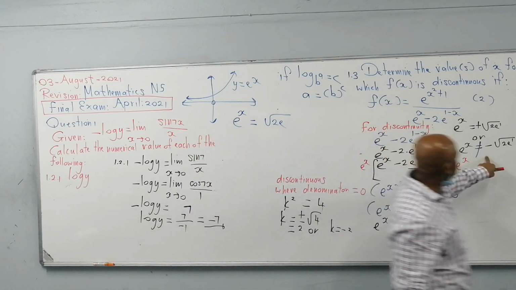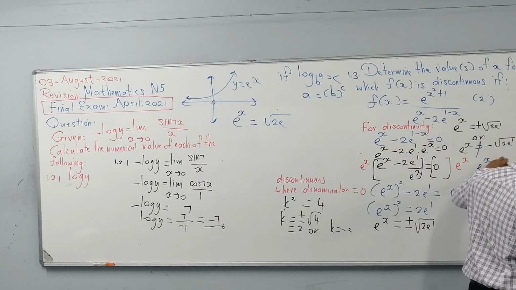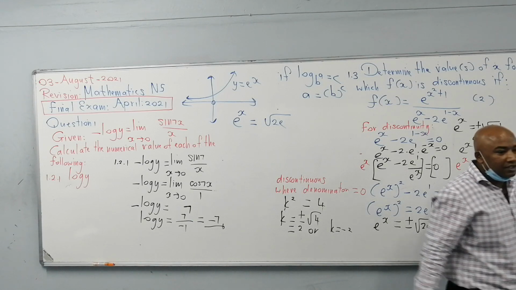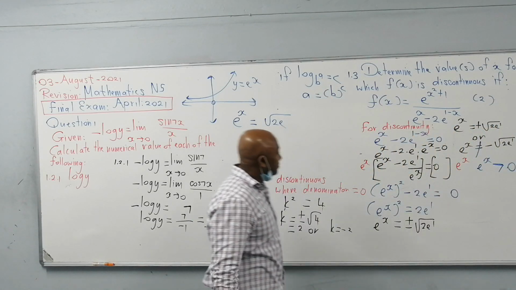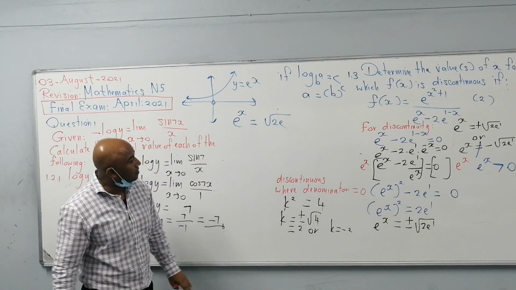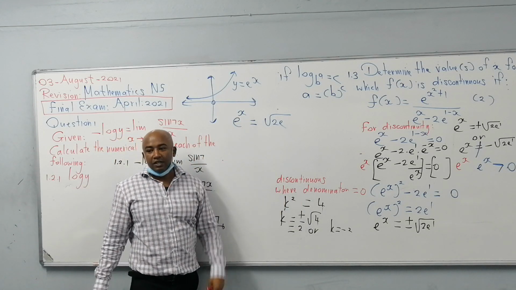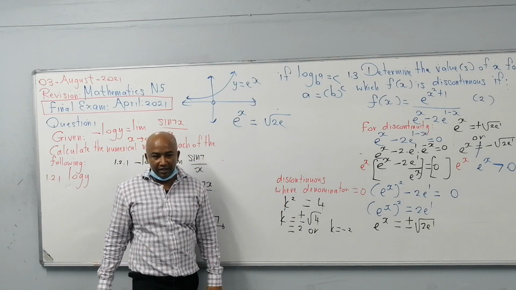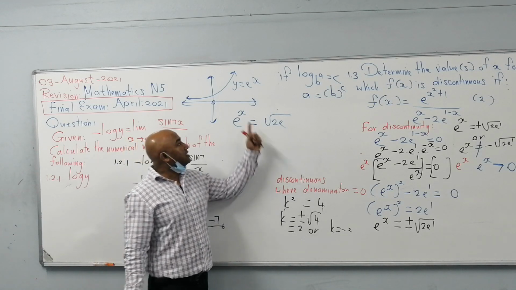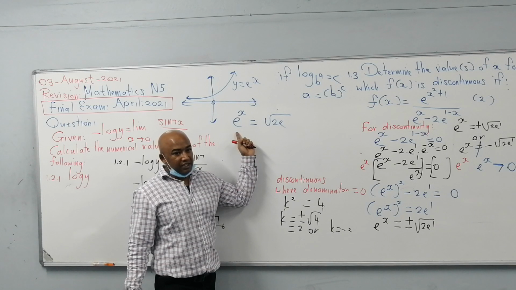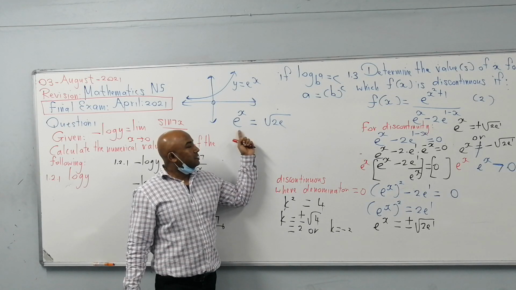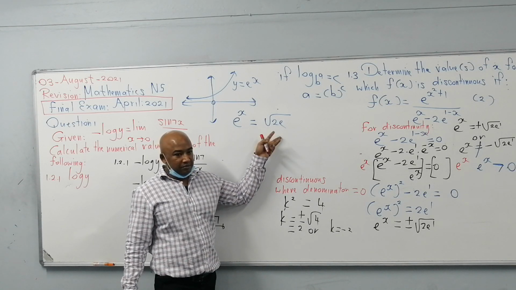Okay, the reason here is e to the power x is always greater than 0. That means your graph is always positive. Now, that's the reason. So going back here, all I need to do is solve for x. Okay, so x is the exponent. Okay, x is the exponent, but the bases are not the same.